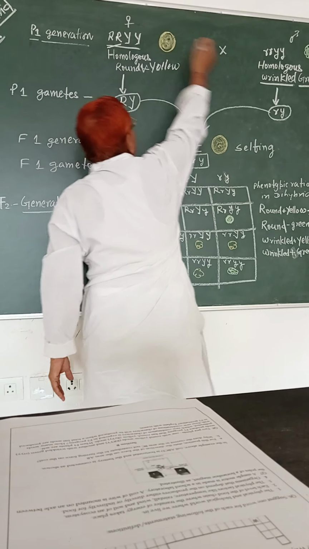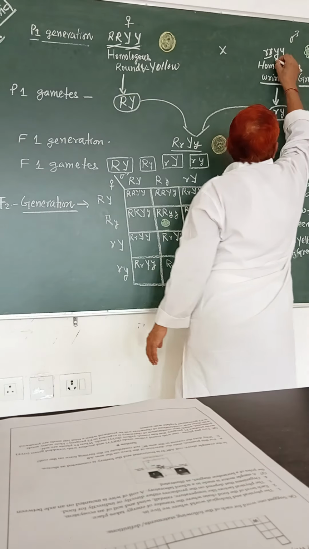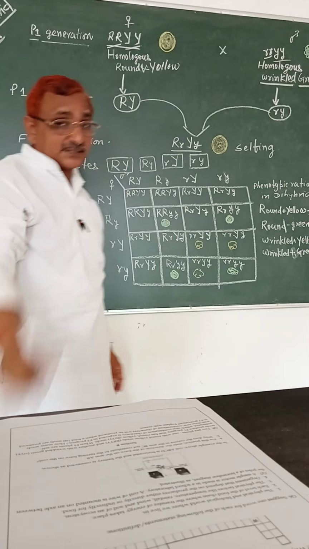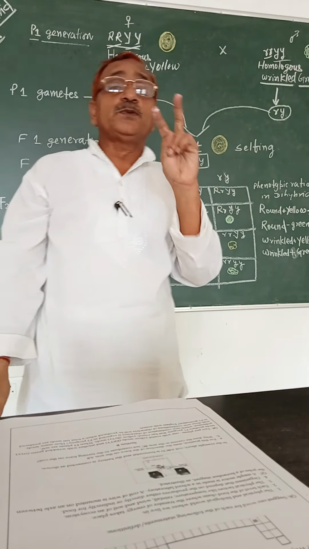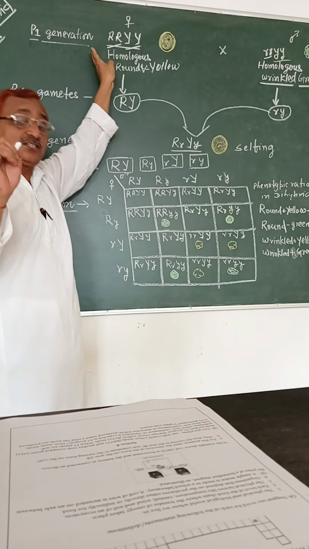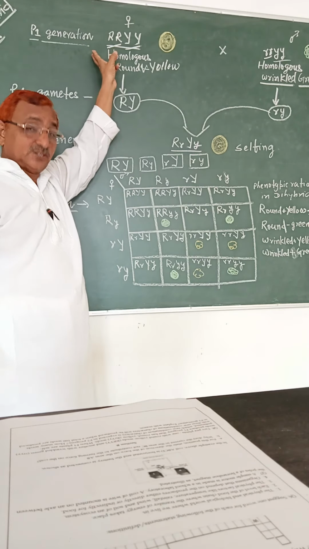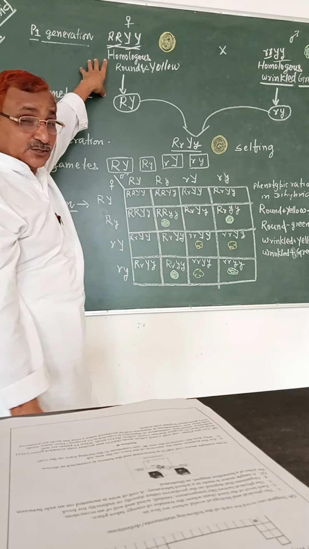Round and wrinkle are one pair of contrasting traits, and yellow and green are another pair. Hence, you have two pairs of contrasting traits, and when two pairs of contrasting traits are considered, the cross is said to be a dihybrid cross. So this is a dihybrid cross.